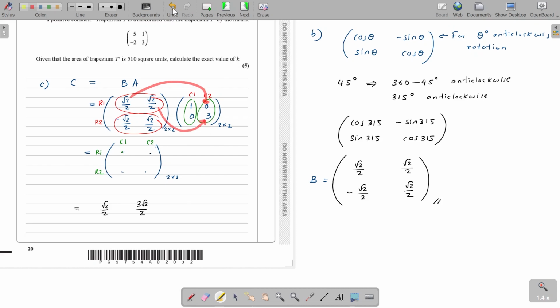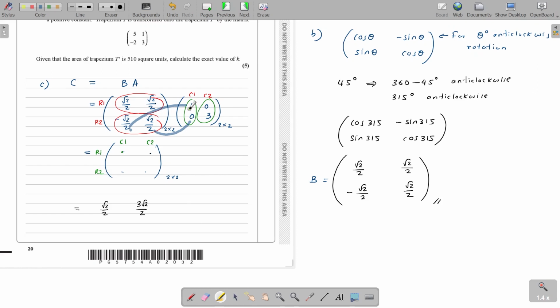Then the next element is second row, column 1. So second row, root 2 over 2 will multiply with 1: minus root 2 over 2 times 1 and plus root 2 over 2 times 0. Minus root 2 over 2 into 1 is minus root 2 over 2 and this into 0 is 0.